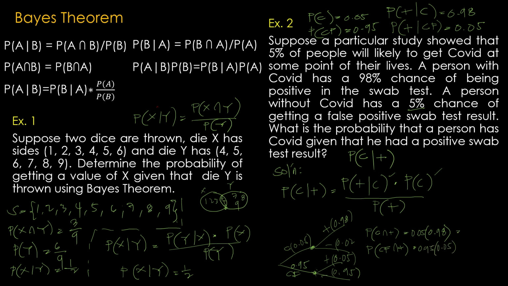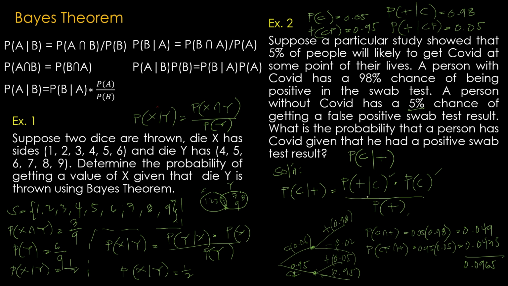So, what are those values equal to? That would be 0.049 and 0.0475. So, if we are to add those two values, it will be equal to 0.0965.